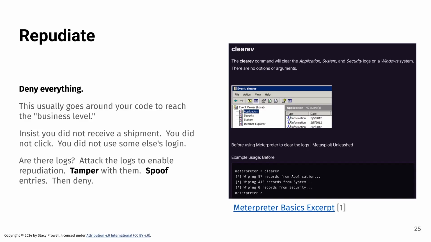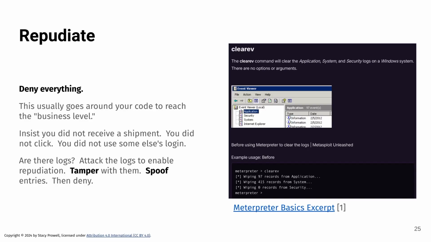Repudiate, right? Deny everything. Insist you did not receive a shipment. You didn't click the button. You didn't use someone else's login. Make them prove that somehow you did. The way they might try to do it is by using things like logs, which is where tools like you see over on the right-hand side come in.